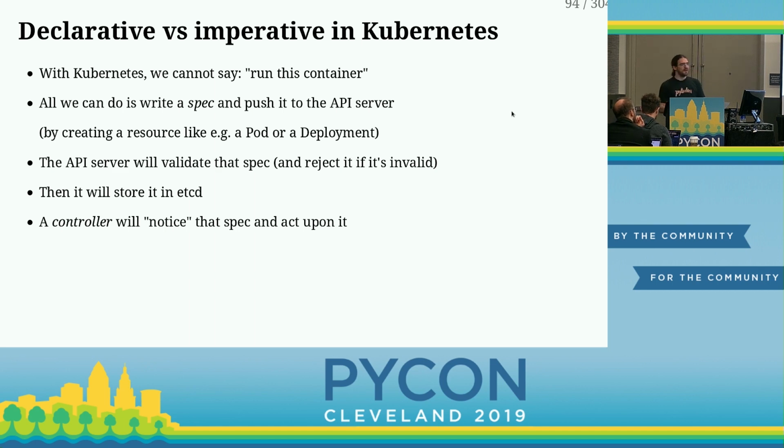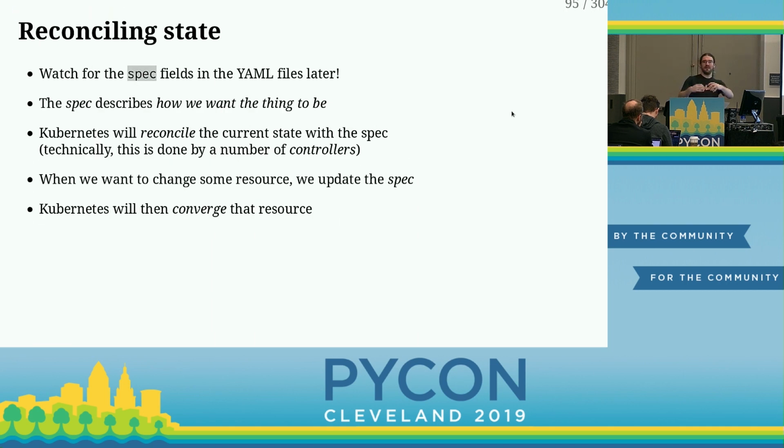So when I do an API request to Kubernetes, what I'm really doing is storing something in etcd, and then I will have a bunch of control loops, the controller manager I was mentioning earlier, who are going to wake up and work on these specs. So that's how it works.